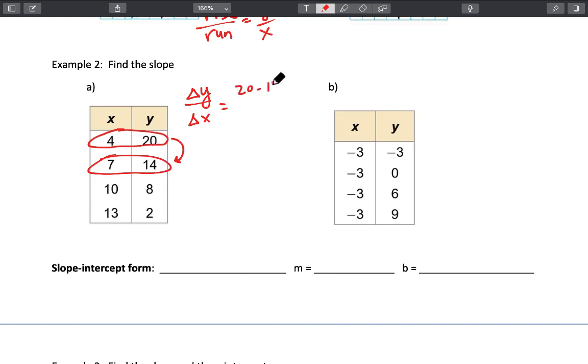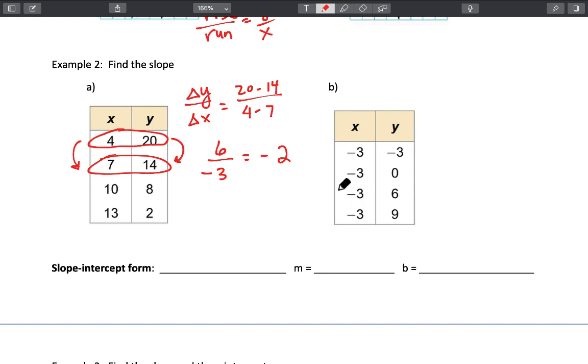So let's just do it as 20 minus 14. Next, we're going to go from 4 to 7. So we'll say 4 minus 7. Now when we do our math, 20 minus 14 is going to give me 6. 4 minus 7 is -3. So if I reduce that, my slope here of this line will be equal to -2.